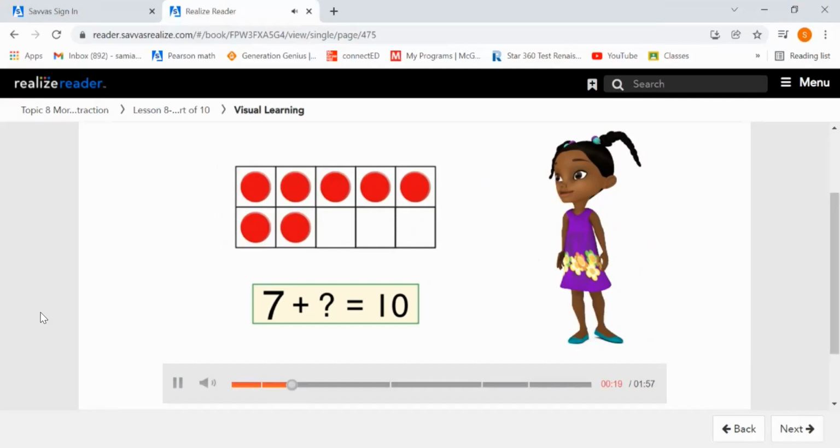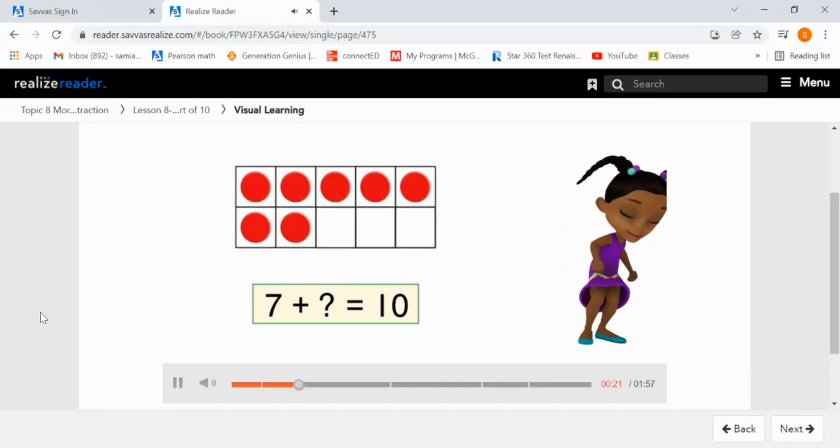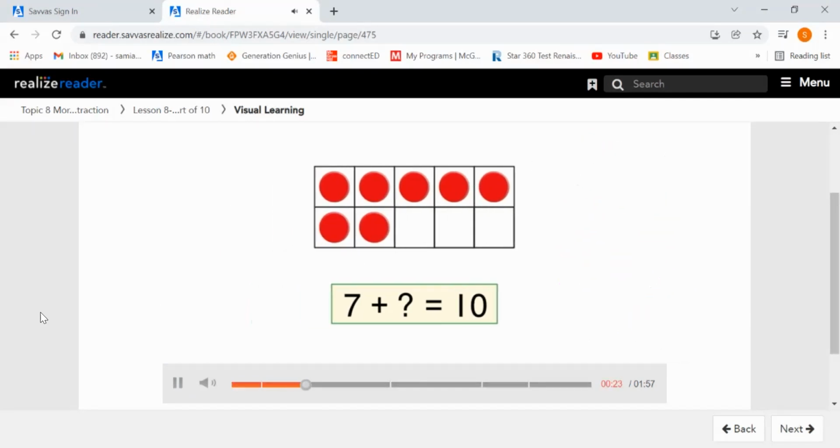What does the 7 in the equation represent? It represents the number of red counters. What does the 10 represent? The total number of counters that can fill the 10 frame. What does the question mark represent? The number needed to make 10.